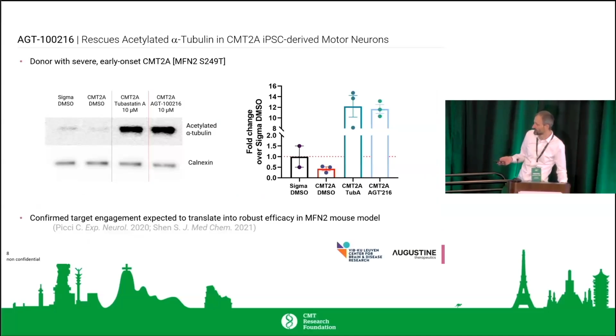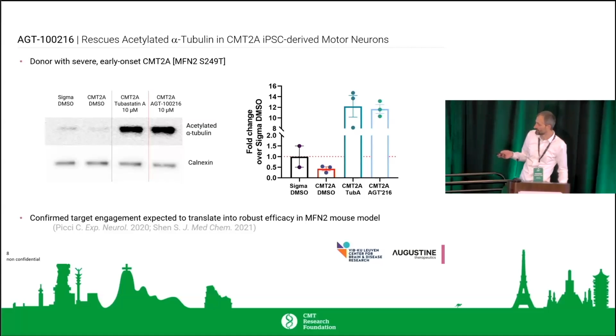We also have, in collaboration with Professor Ludo van den Bos, who is the scientific founder of our company, looked at human iPSC-derived motor neurons from a CMT2A patient having this mutation.